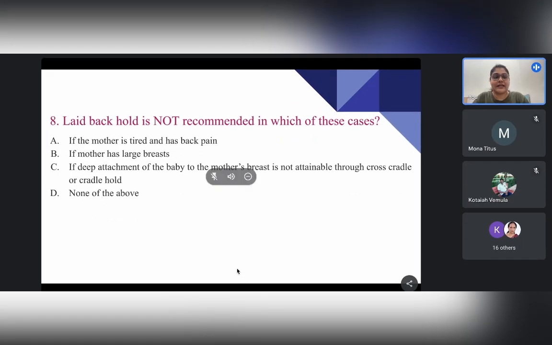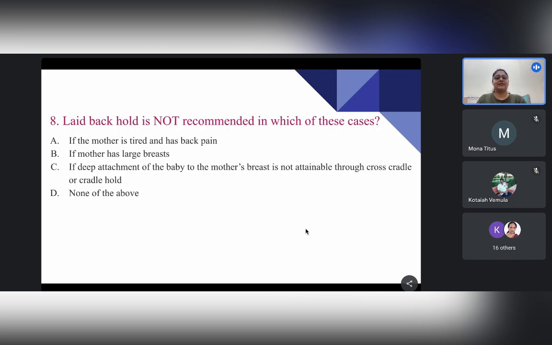So we'll move on to our next question. Laid back hold is not recommended in which of these cases? Laid back hold, as the name suggests, means the mother is relaxing in a laid back position and holding the baby. So what do you think?